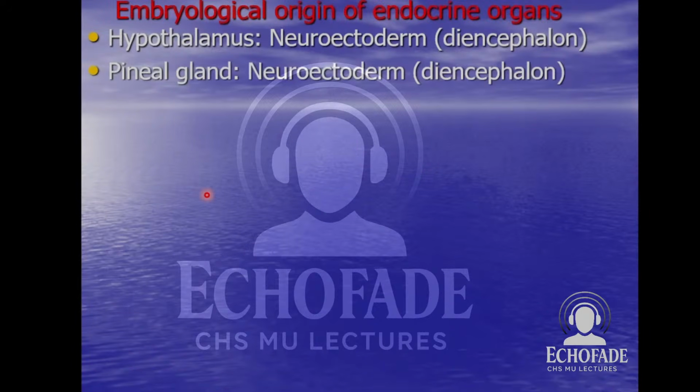The pineal gland is from neural ectoderm. Remember, the ectoderm eventually divides into surface ectoderm and neural ectoderm. The neural ectoderm develops to form the nerve tissue and neural crest cells. The cells between the neural ectoderm and surface ectoderm are referred to as neural crest cells, and the rest of the cells will form the epidermis.